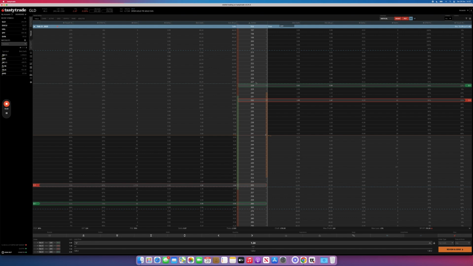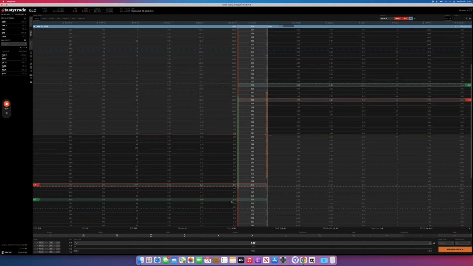So for example, we can go with $1, $2, $3, and $4 wide on the put side. So we can simply just match that and go $4 wide on the call side, and we're going to collect more premium up front and slightly more buying power because obviously the spread is wider, but we collect more premium up front.